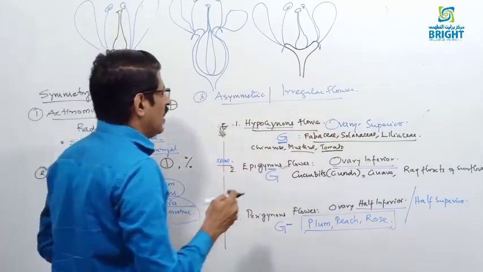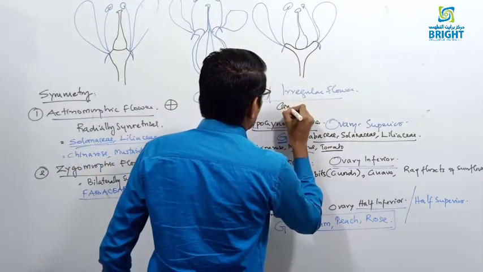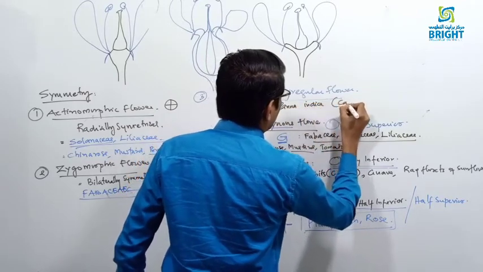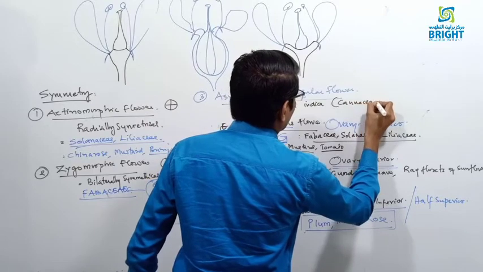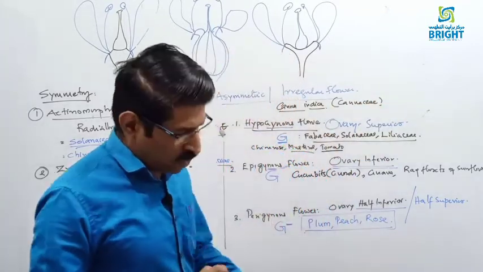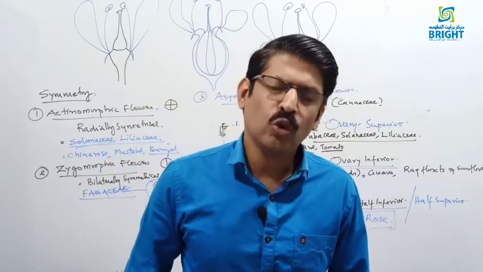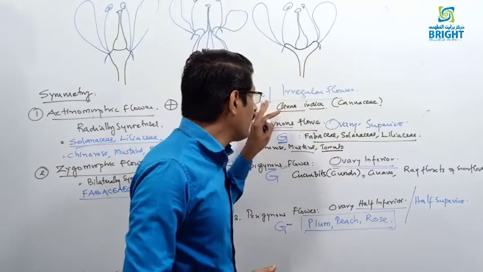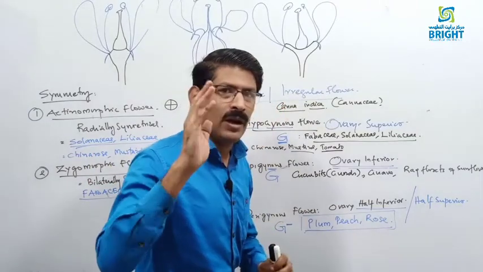And the example, only one example, is Canna indica. Here the flower cannot be divided into two equal halves through any plane, and such a flower is called an irregular flower or asymmetric flower. Example, Canna.